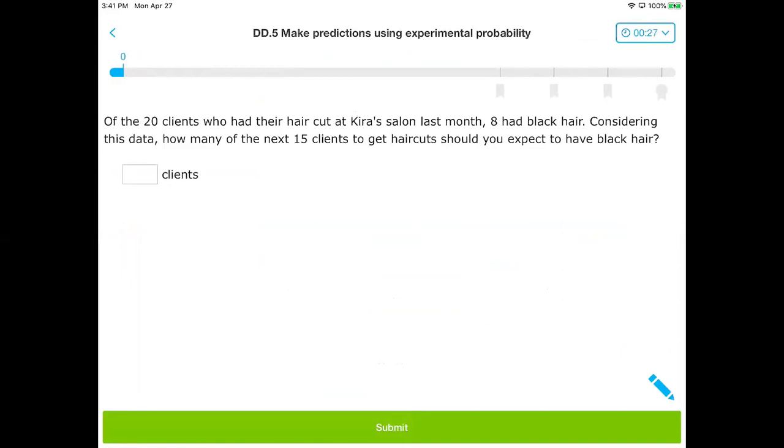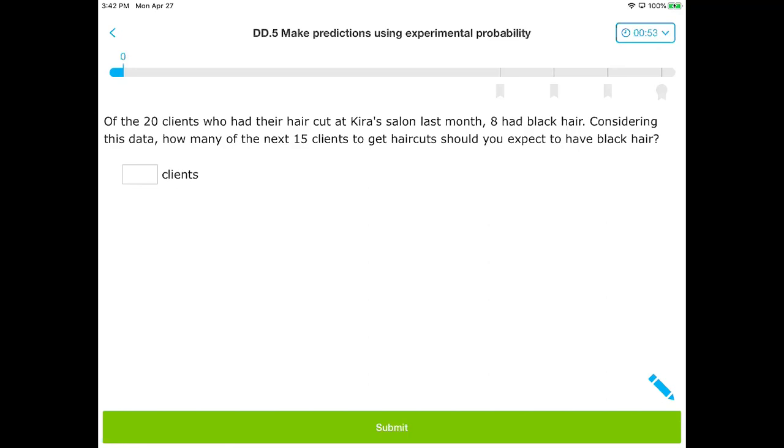So let's go. Here it says, of the 20 clients who had their hair cut at Kira Salon last month, 8 had black hair. Considering this data, how many of the next 15 clients to get their haircuts should you expect to have black hair? We're going to use a proportion to set this up. The reason we can use a proportion is that 8 out of 20 clients had black hair.